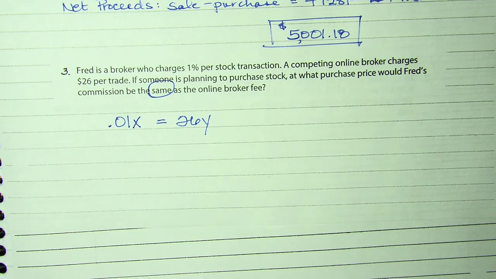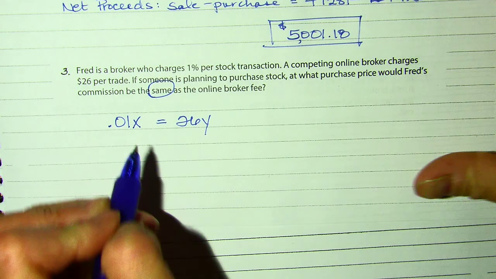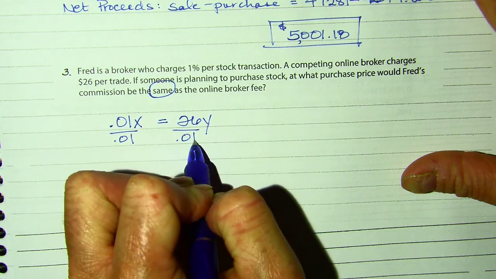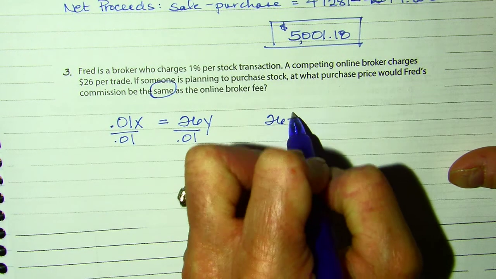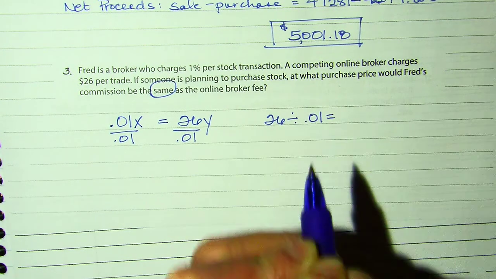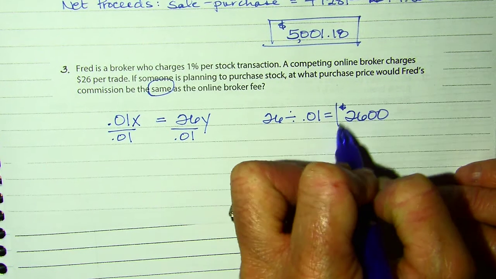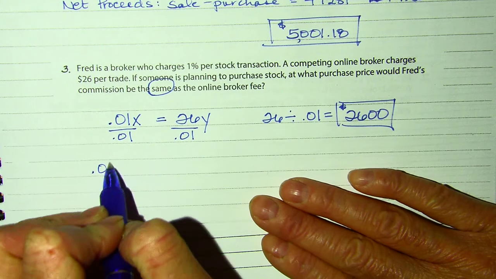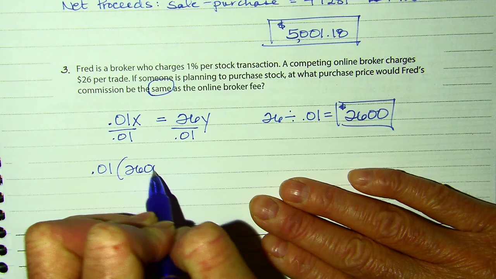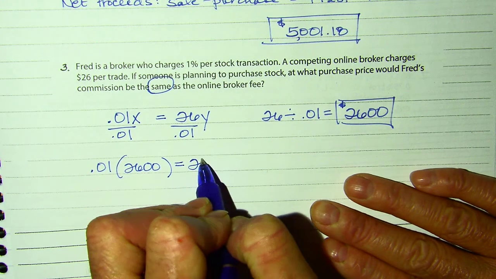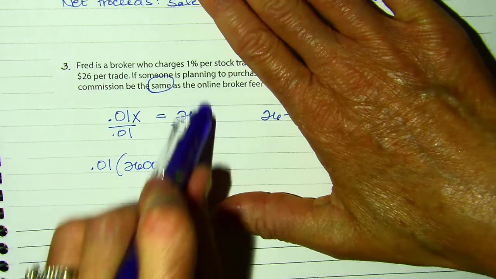It doesn't really matter how you set it up. Either way, you're going to divide by the percent. So 26 divided by 0.01 equals $2,600. That is when both of them would be the same, because 1% of $2,600 is the same as $26 per exchange.